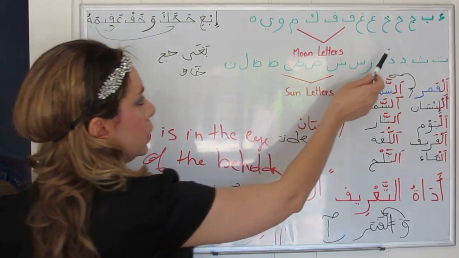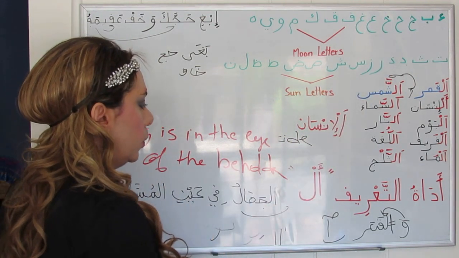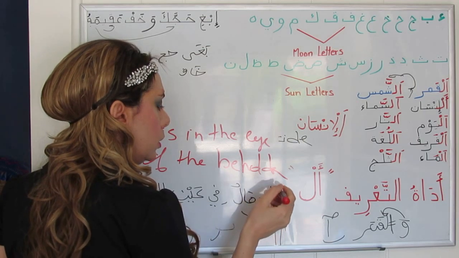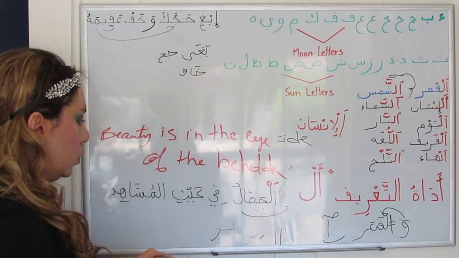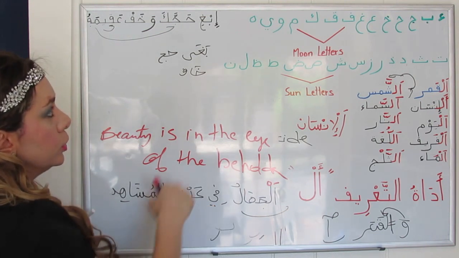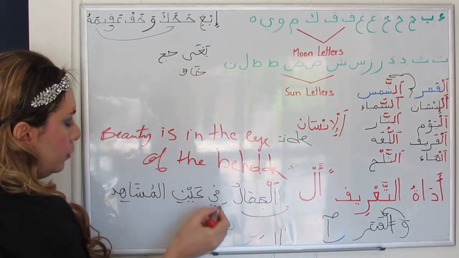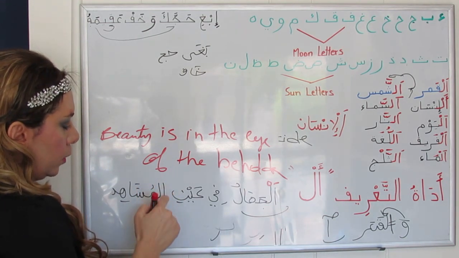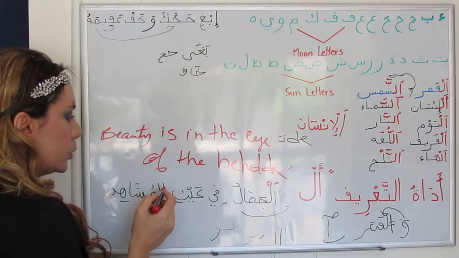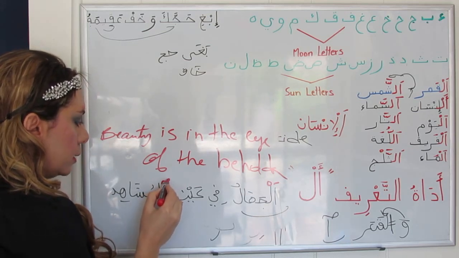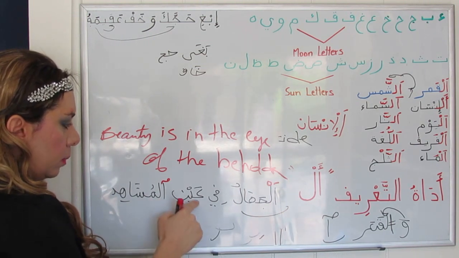Jim is a moon letter, so we will pronounce the alif and lam with sukun. Al-jamalu fi ayni, and the mim also belongs to the same group. So this alif, this hamza, will turn to hamzat al-wasl because it's preceded by a word.